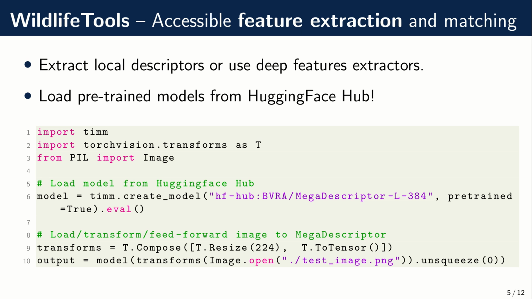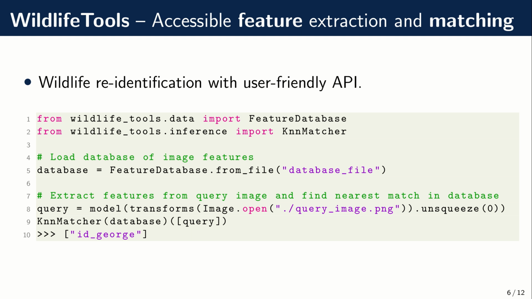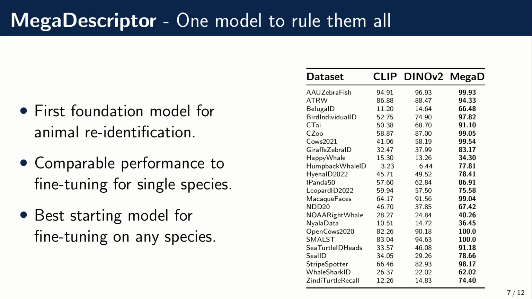Anyway, any deep feature extractor available on the HuggingFace hub should work as well. The toolkit offers user-friendly API for pairwise similarity matching between query and reference sets. This enables effortless integration with existing wildlife re-identification projects.